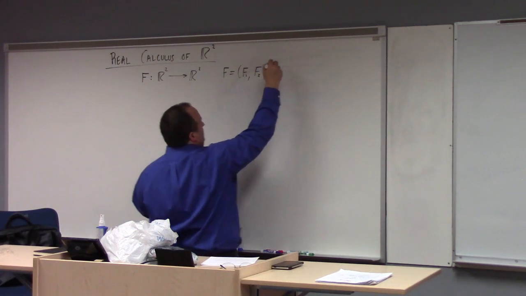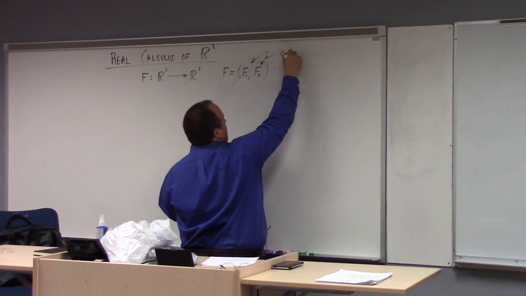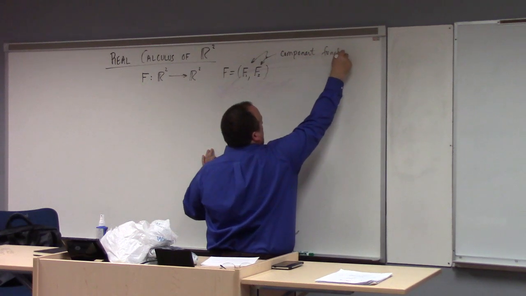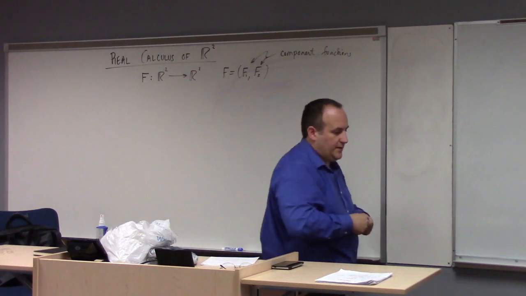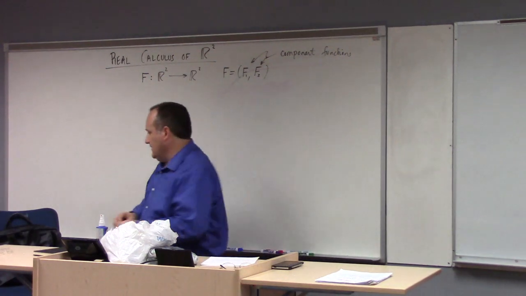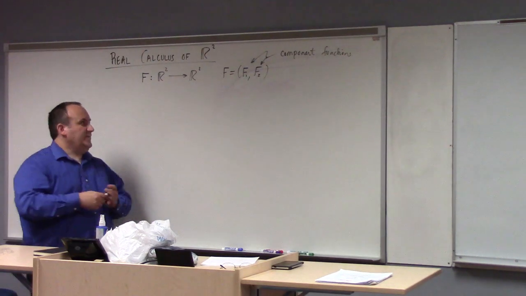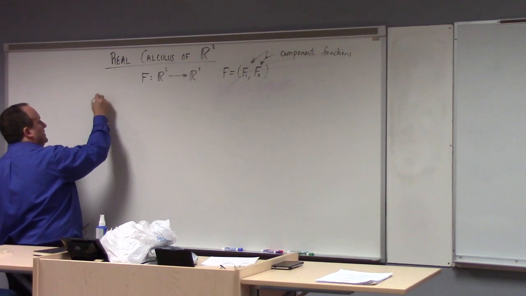These are the component functions. I've pretty much explained to you guys how we take limits of these sorts of things last time, but let me begin with an example just to do a little bit more with limits.